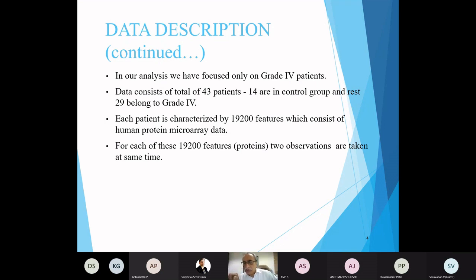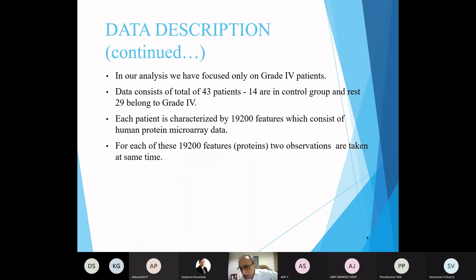One can view this in the form of a matrix. In terms of statistics, this is not 14 rows, pardon me, it is 43 rows, because the number of patients is 43.